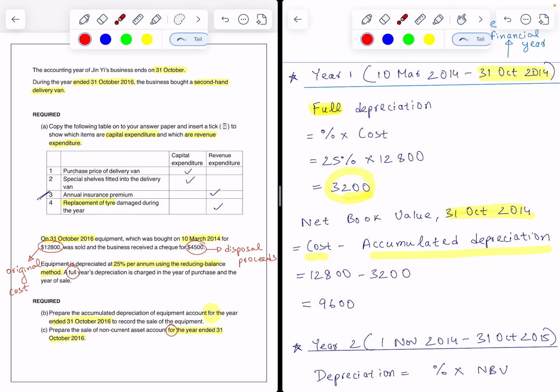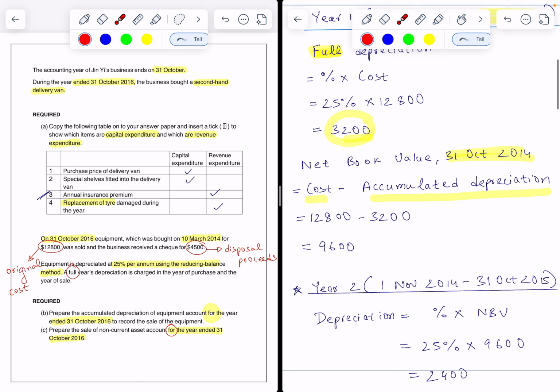Year 2 for this asset would have started on 1 November 2014, which is when the financial year of the business would have started, and end on 31st of October 2015. Obviously, that's when the financial year of the business would have ended, which is right after 12 months from 1 November 2014.